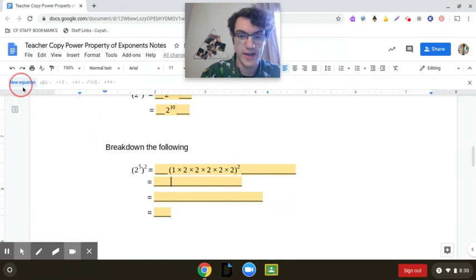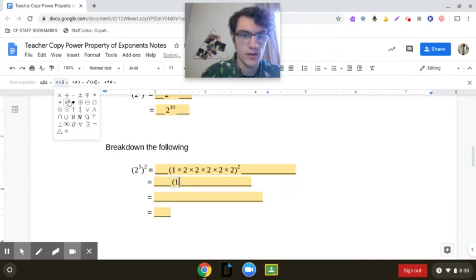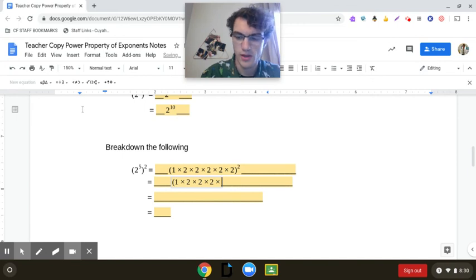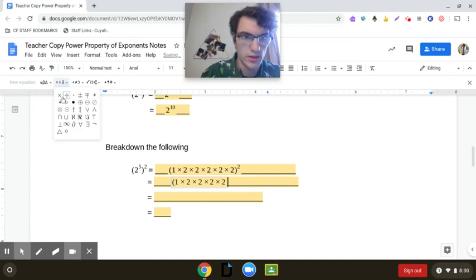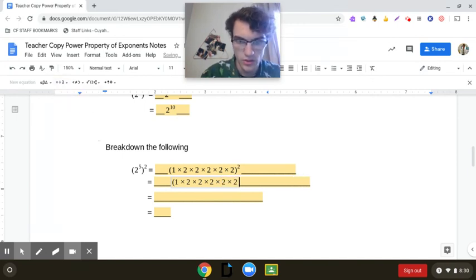So this breaks down to being 2 to the 5th, or 1 times 2 times 2 times 2 times 2 times 2, right? 1, 2, 3, 4, 5. And you put that part in parentheses because we're going to multiply it how many times? 2 times.